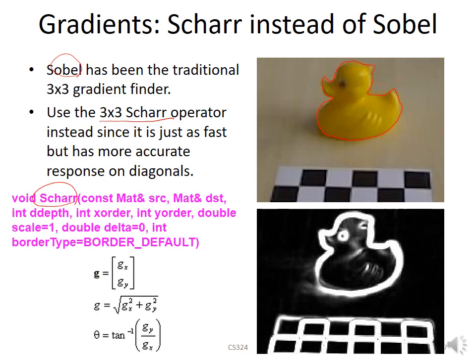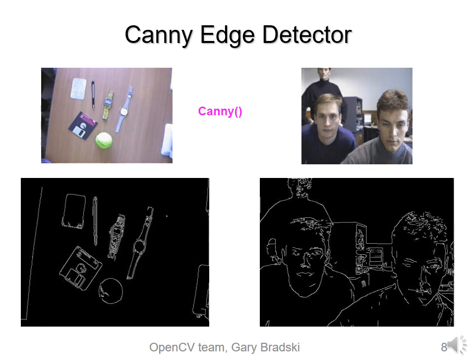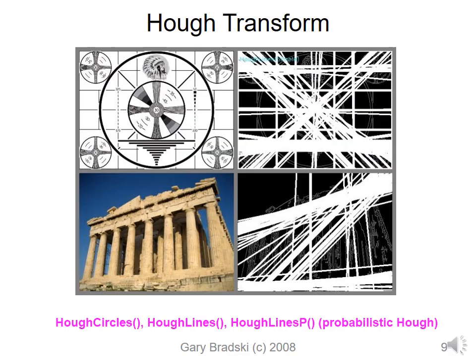So OpenCV uses Scharr gradient edge detector. You can use Canny edge detector in OpenCV. Canny edge detector is another very famous edge detector. So the algorithm was invented by Canny, and the OpenCV includes that Canny edge detector.